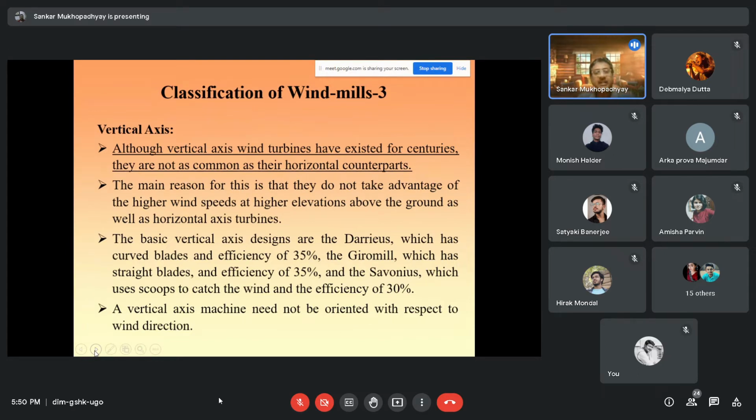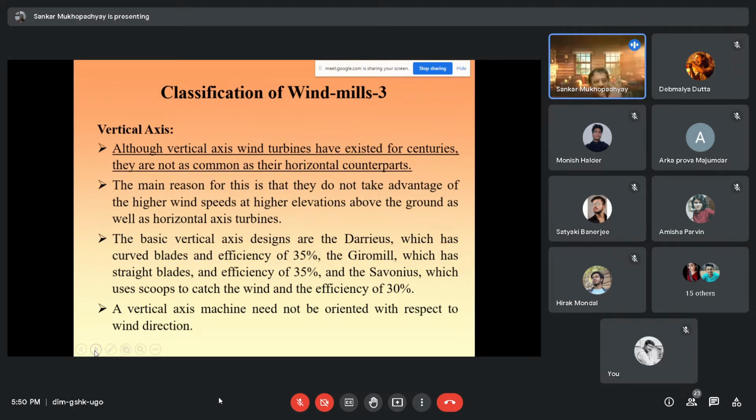The basic vertical axis designs are the Darrieus, which has curved blades and efficiency of 35%, the Giromill, which has straight blades and efficiency of 35%, and the Savonius, which uses scoops to catch the wind and efficiency of 30%.